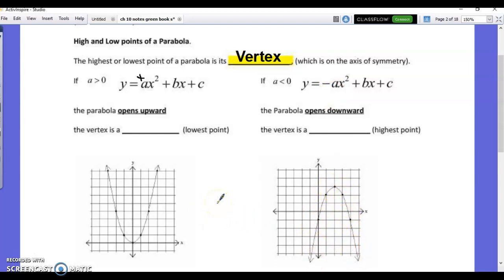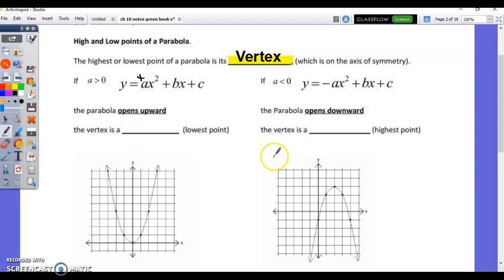So key point: as long as we can see that it's positive or negative here, we should know whether it's going to open down or up. So algebraically, if you see that it's a negative 2x squared, something like that, and your graph ends up going like this, those are not going to match up. So maybe you made a mistake algebraically somewhere in your math.